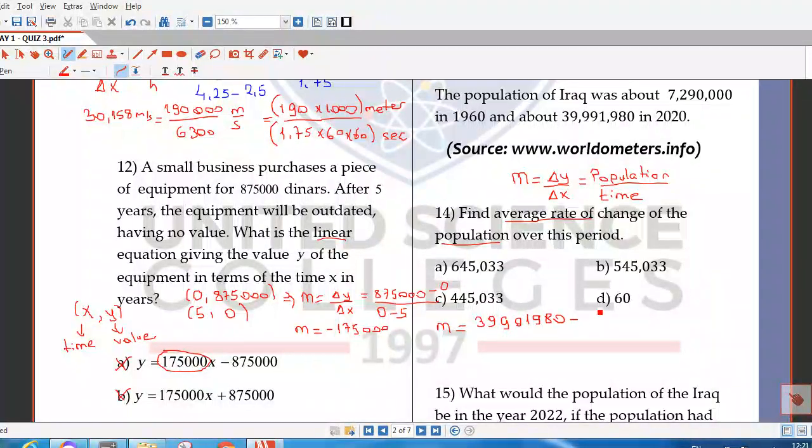So to find the average rate of change, we are going to take the difference of population, 39,991,980 minus 7,290,000 over the change in time, 2020 minus 1960.